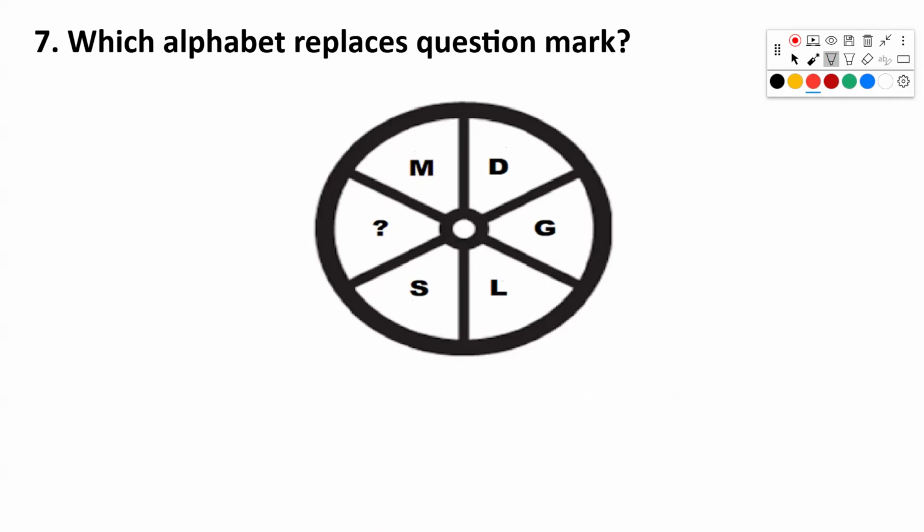Okay, so D, after D, clockwise we are going. So D, E, F, G. G, H, I, J, K, L. Two letters, four letters. Next will be six letters.